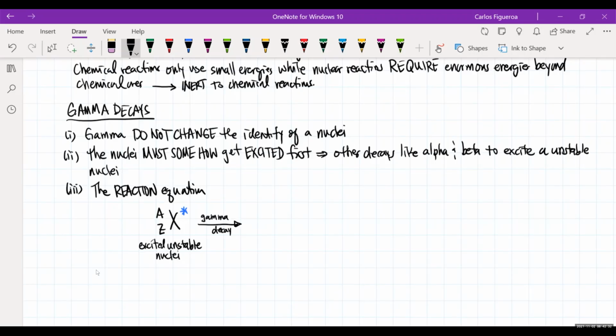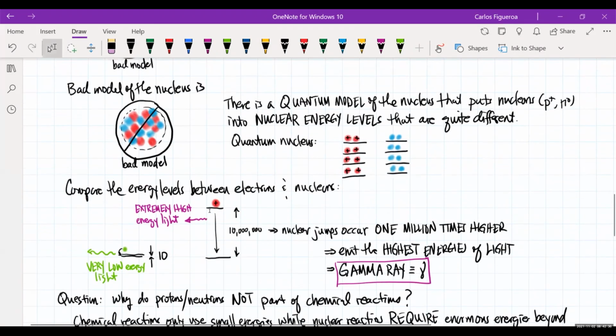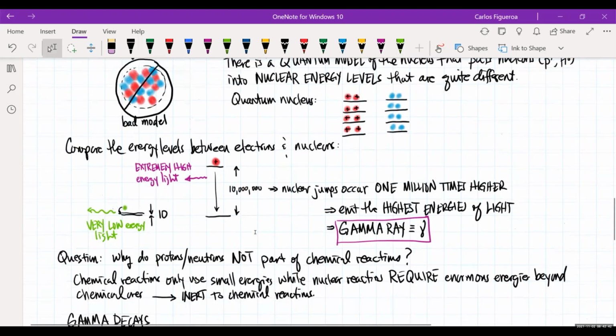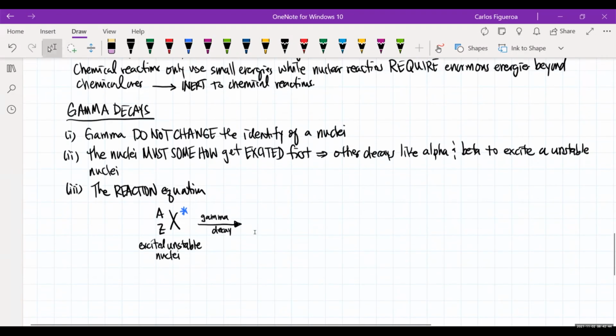Now, what do I mean by gamma decay? Well, it's going to fall, and as it falls, it's going to emit light. In this case I stay with exactly the same atomic mass and the same atomic number, and I still have the same particle.